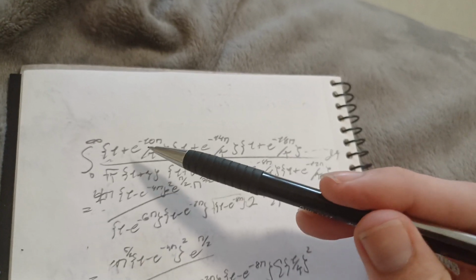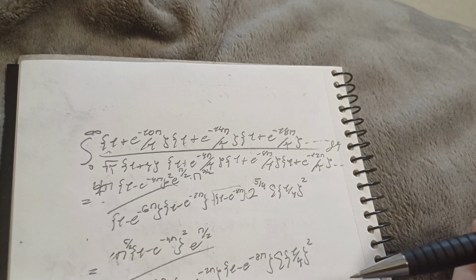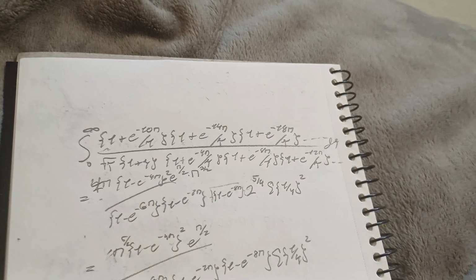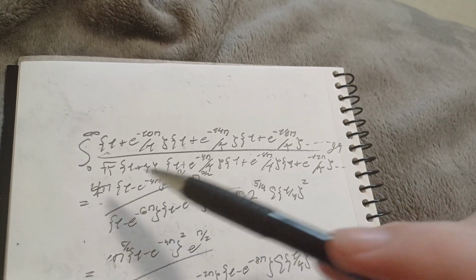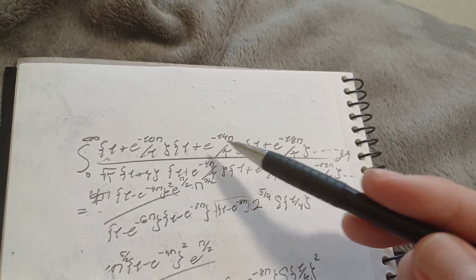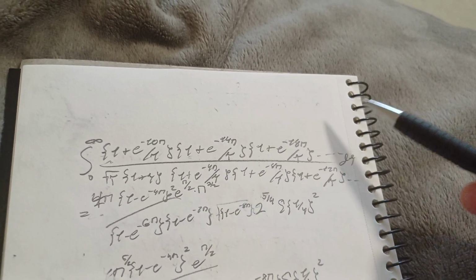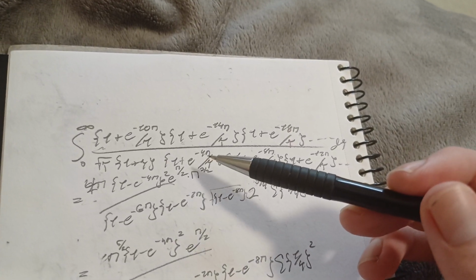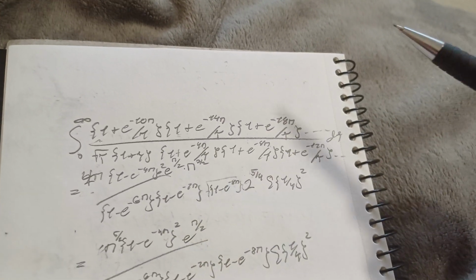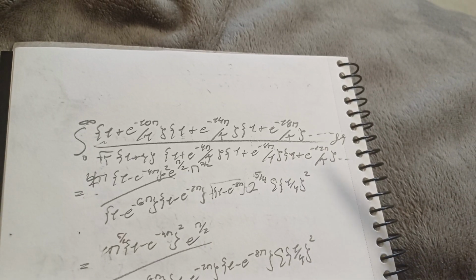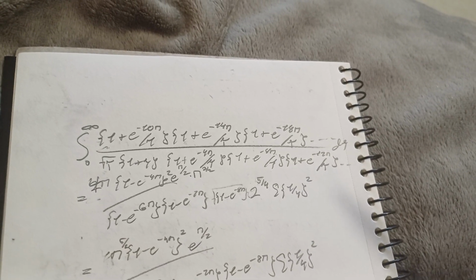What is this? Basically the sum of 1 plus e to the power of minus 10 pi over tau, and times minus 14 pi, minus 18 pi, and it increases by 4. And this starts with minus 4, e to the power of minus 4 pi, minus 8 pi, minus 12 pi. So the power is 4, basically.